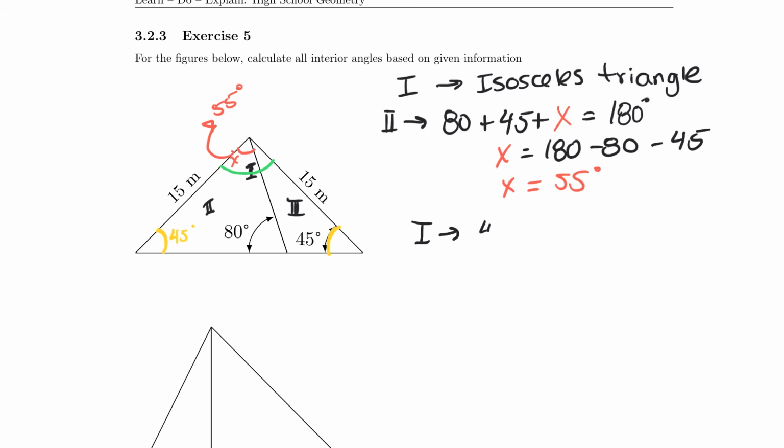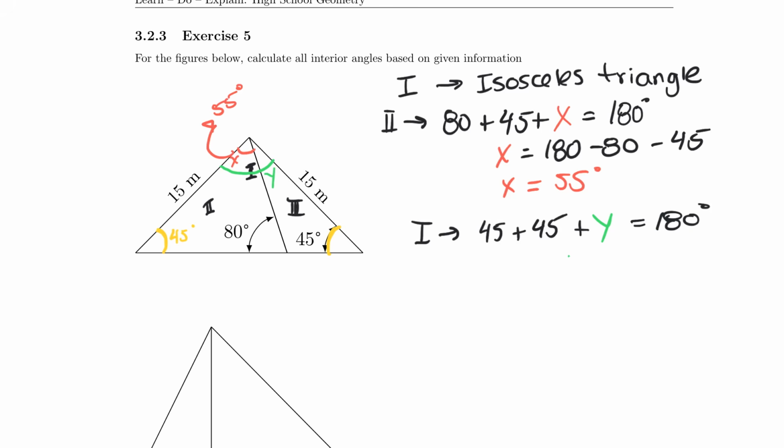We have that 45 plus 45, because we already calculated based on the isosceles properties, plus angle, let's call it y, right? Plus angle y is equal to 180 degrees.